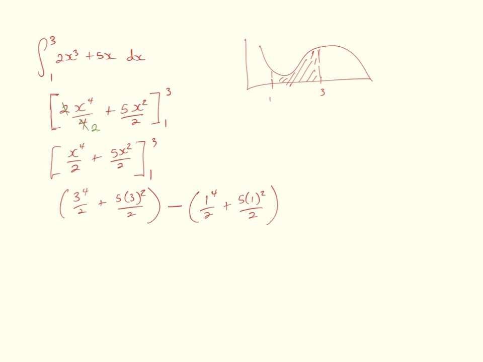Right, this is now a matter for the brain or the calculator. So we're going to have 81 over 2 plus 3 squared is 9, 45 over 2, and we're going to then subtract from that a half plus 5 over 2.